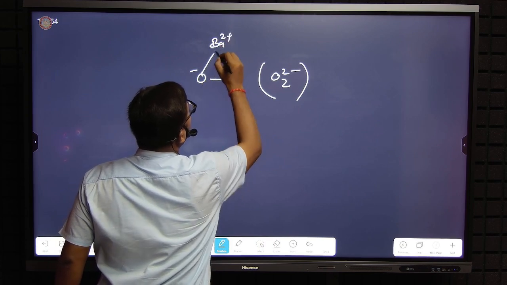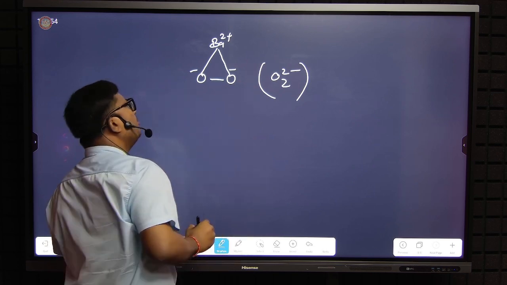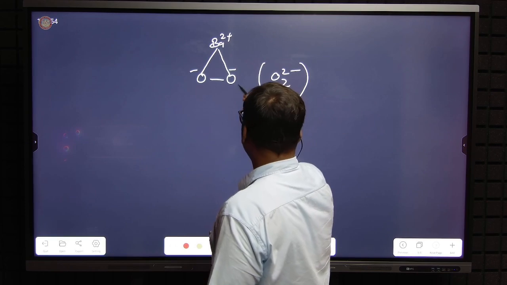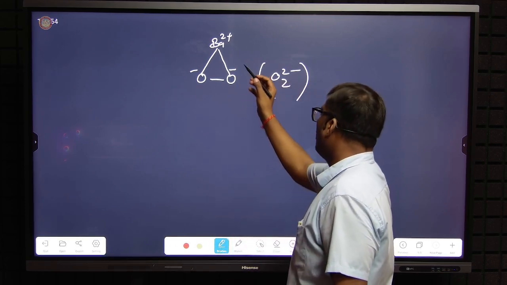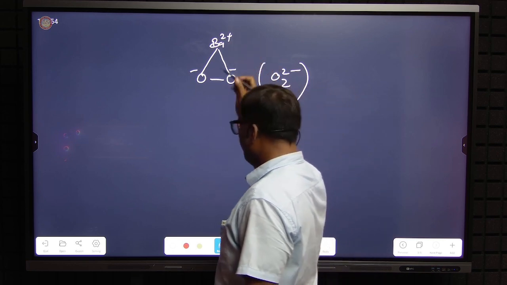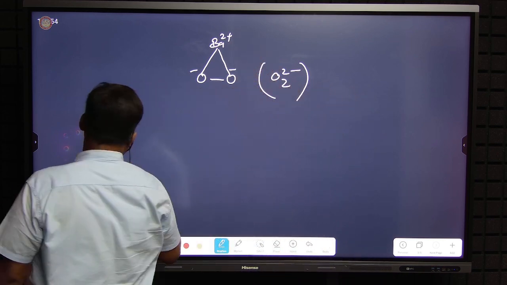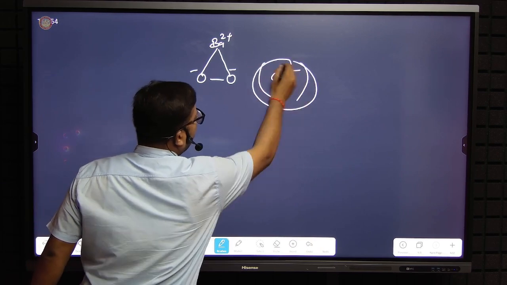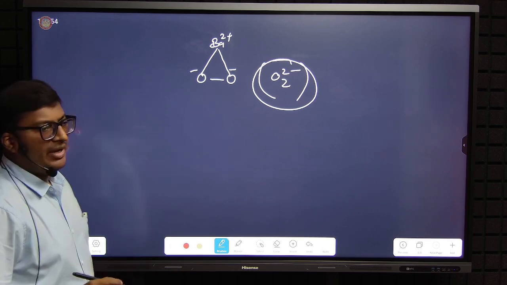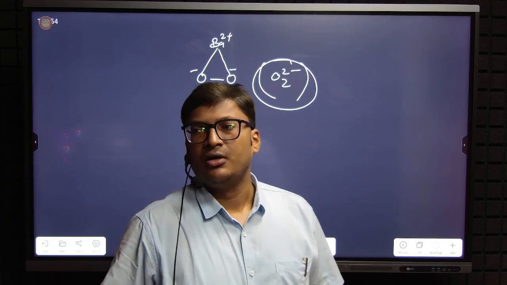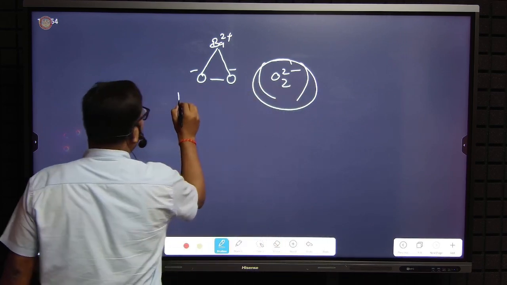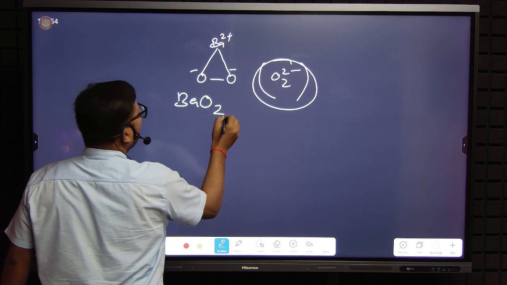So they are actually bonded like that in the lattice structure. So both oxygens can form bonds with barium 2 plus to stabilize this particular peroxide anion. So barium forms peroxide, that is barium peroxide, BaO2, right?